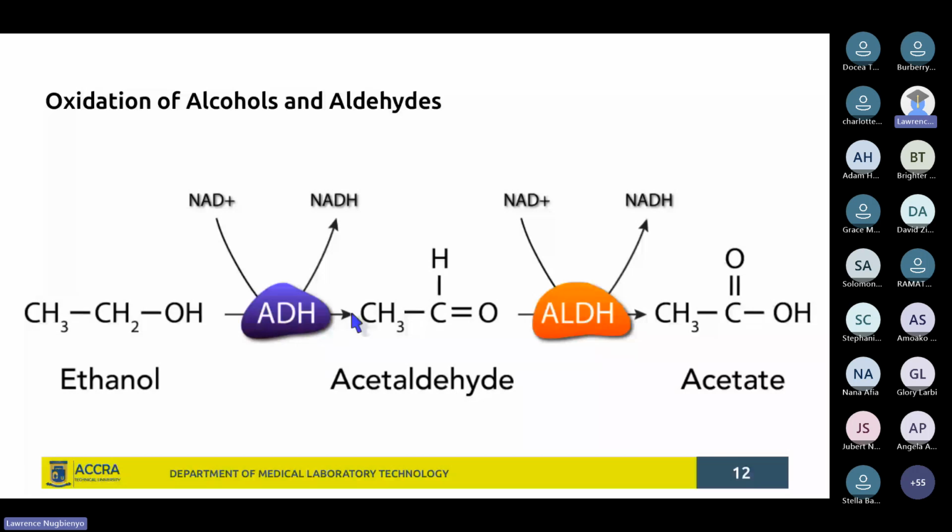And that reaction can even further continue, where you have acetaldehyde dehydrogenase oxidizing the acetaldehyde to acetate or acetic acid. So that is further oxidation. You now see that the aldehyde group is oxidized to a carboxylic acid group, the COOH.